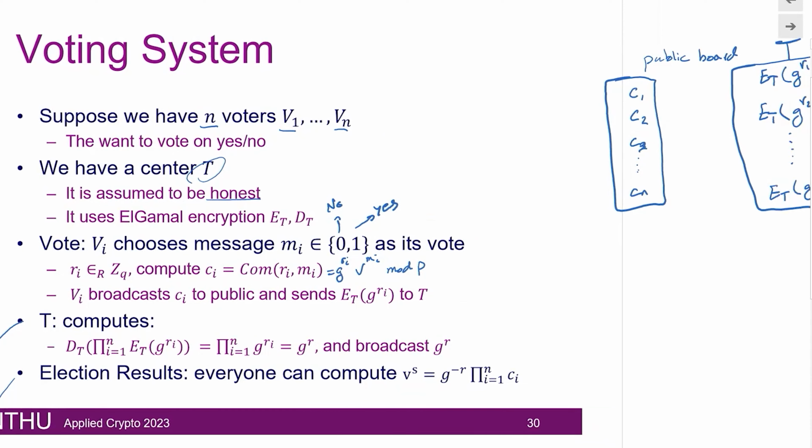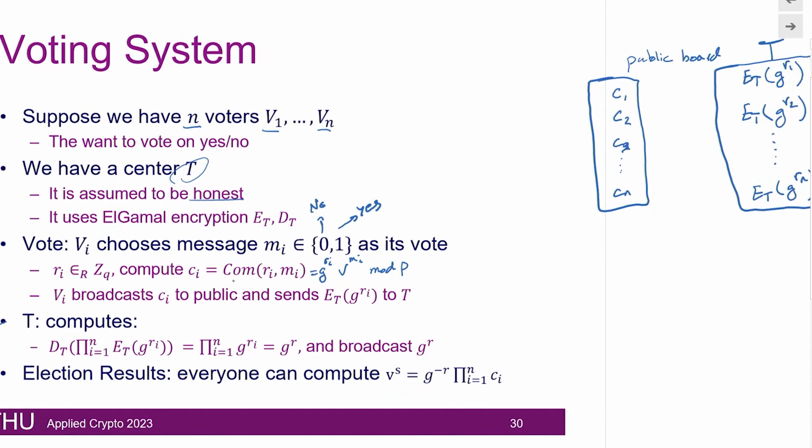At the same time, every voter also encrypts only the g to the Ri part of this commitment and sends it to the trusted sender, so that only the trusted sender can understand the result of this vote.